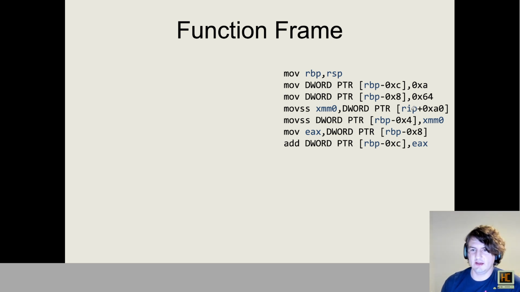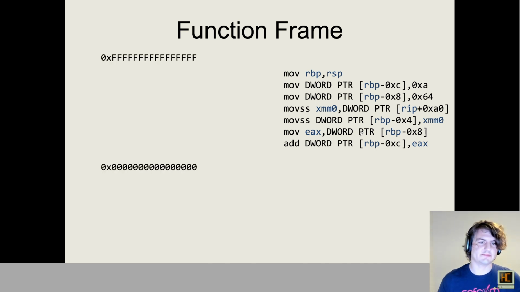We're moving a relative offset, RIP plus hex A0, into the XMM0 register, moving that into RBP minus 4. We're then moving RBP minus 8 into EAX, and then moving EAX into RBP minus 0x7. So we're just going to walk through what that looks like.